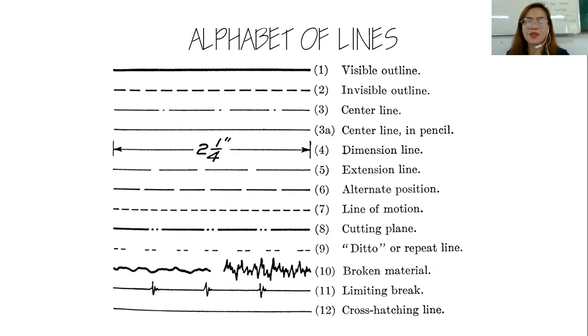So I think that's just the importance of line weights, because you're gonna differentiate if it's a major or a minor detail. And it would be a lot more presentable to have it on different line weights and to follow the alphabet of lines.